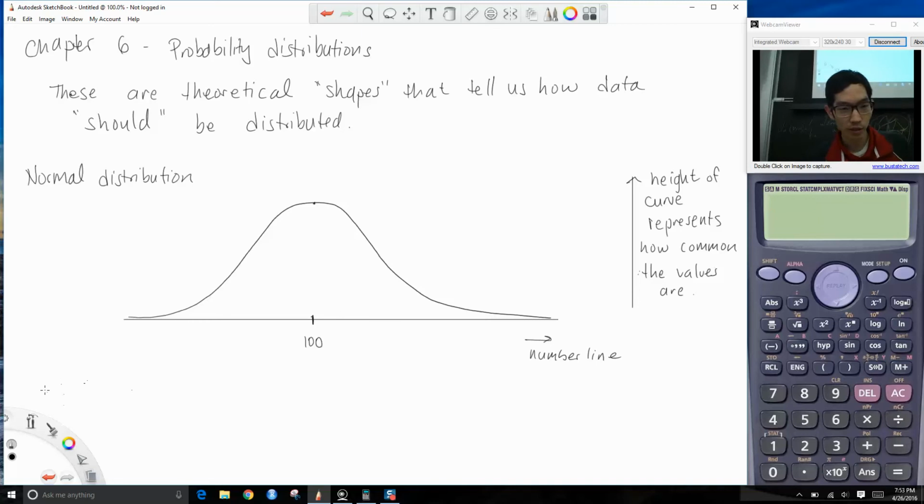Okay, so the curve is the tallest at 100, okay? And so this means values of 100 are most common.